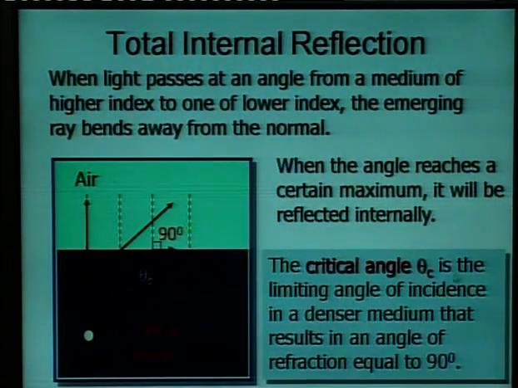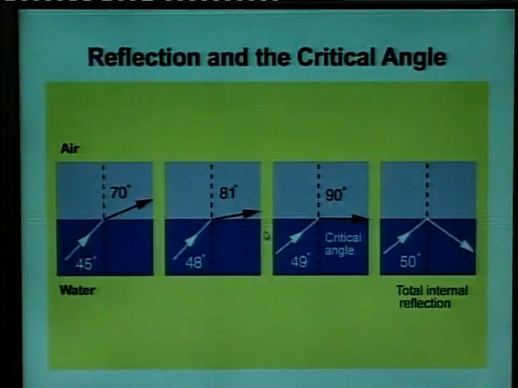So the critical angle theta c is the limiting angle of incidence in a denser medium that results in an angle of refraction equal to 90 degrees. So the critical angle is the angle of incidence for which the angle of refraction is 90 degrees, and total internal reflection happens when the angle of incidence is greater than theta c.